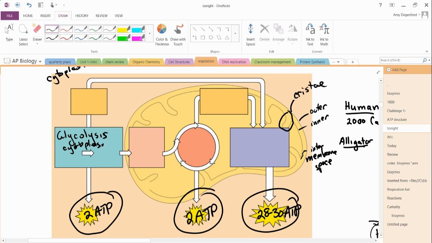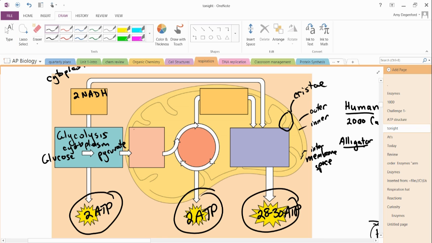And what happens in glycolysis, in a very, very quick way, is you're going to take glucose and break it down into pyruvate. And pyruvate is a 3-carbon molecule. Now, what you get from this is 2 NADH and 2 ATP.